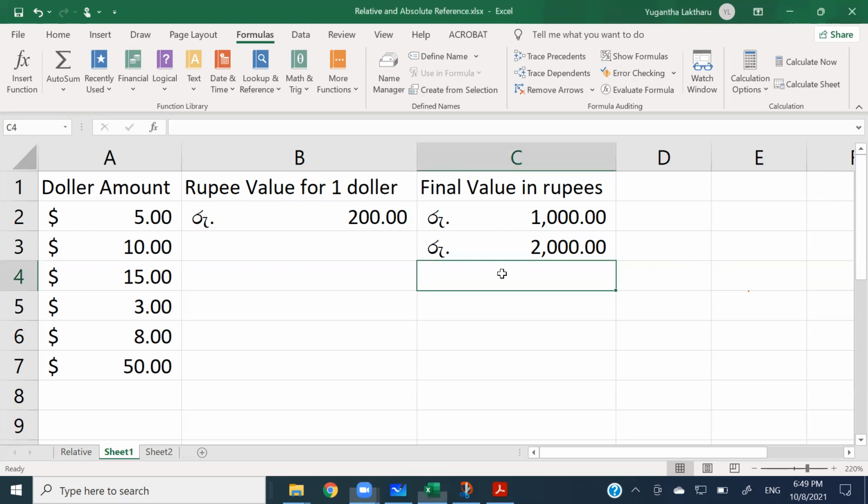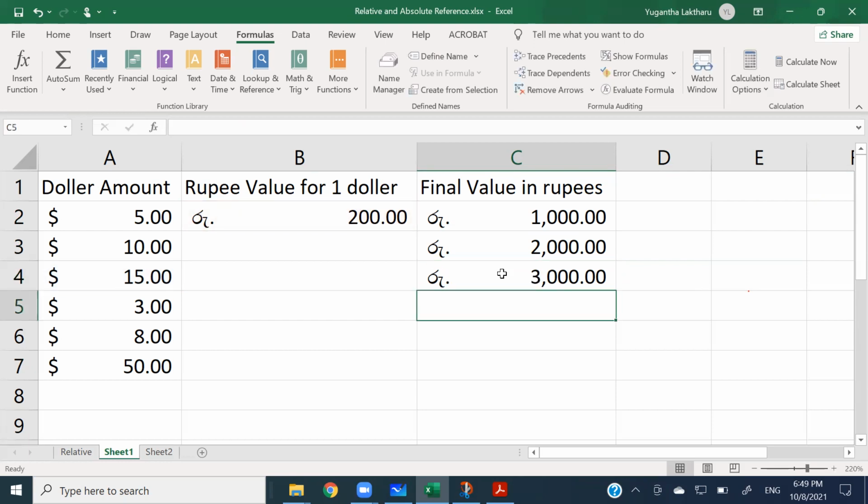So if I need to have the relevant answer in C4, what should be the formula? What formula do I need to write, to get the $15 amount in rupees? What should be the formula that I need to type in C4? Yes, equals what it should be. A4 into B2. Very good, Tedara. Binadi, very good. Right, so it should be A4 star B2.